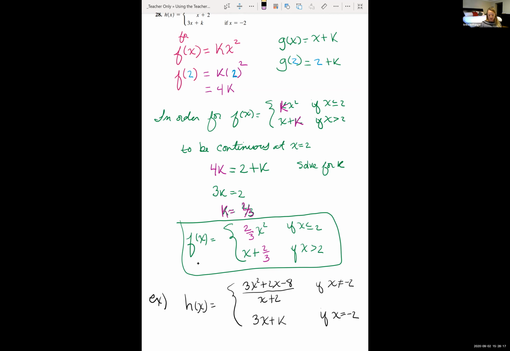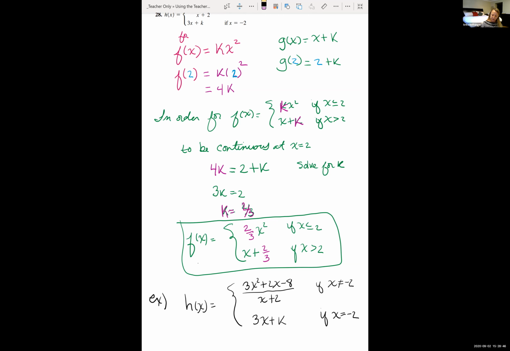Okay, so there was a theorem or a rule that says if you have a rational function and the numerator is a polynomial, which it is, and the denominator is a polynomial, which it is, it's continuous everywhere except for the values which set the denominator equals 0. And the value that sets this denominator equals 0 is at -2, which they excluded. And they said, okay, let's give this a point.